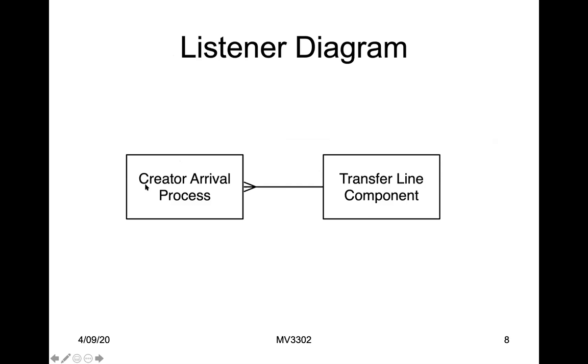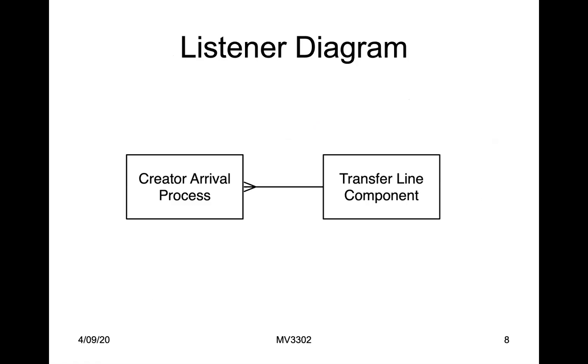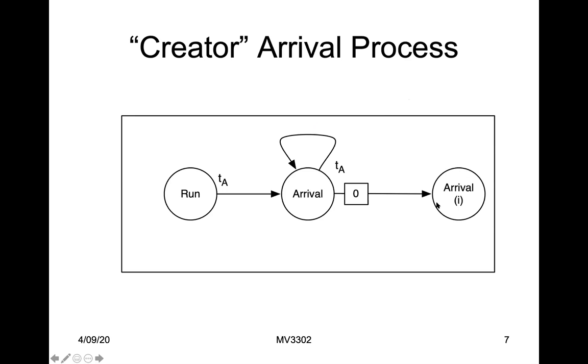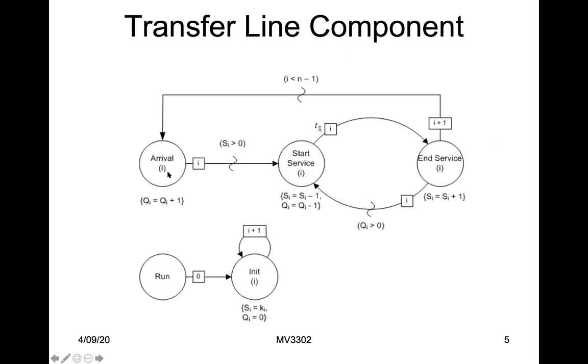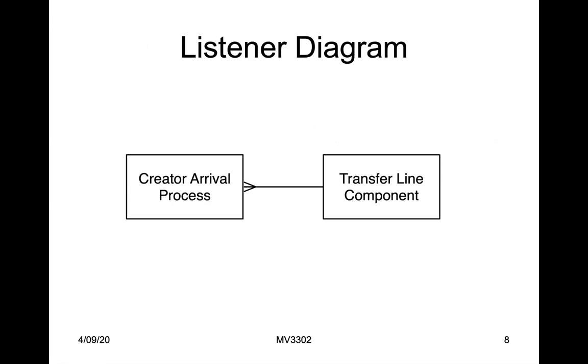Well, if we have an instance of that, loosely represented by this box here, and a transfer line component, which is one of these, and that listens for the creator arrival process, then whenever this arrival event with an argument of 0 occurs, it will be heard and executed here. Okay, so that's how that's going to work.